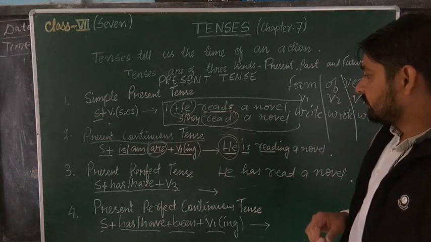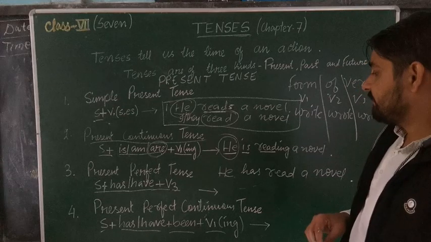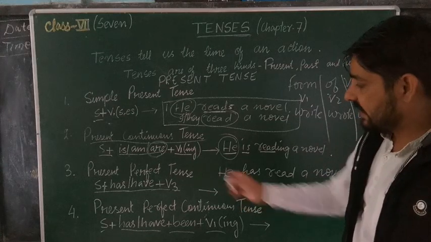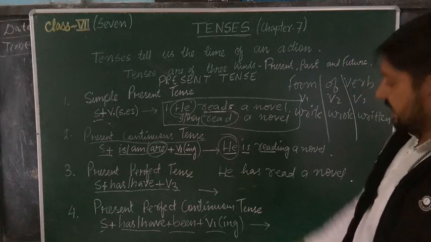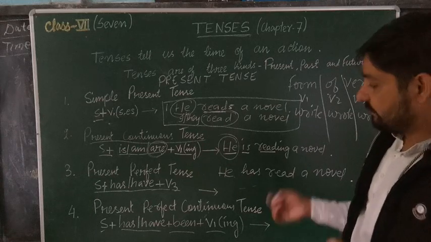And here you see present perfect continuous tense. Subject will be there, has or have will be there, it depends upon the subject.